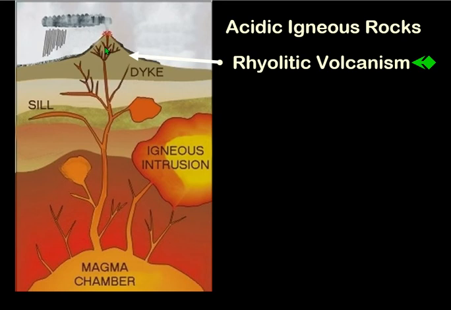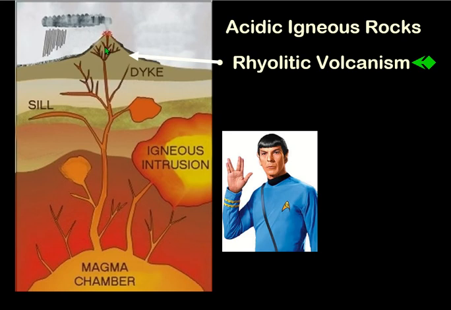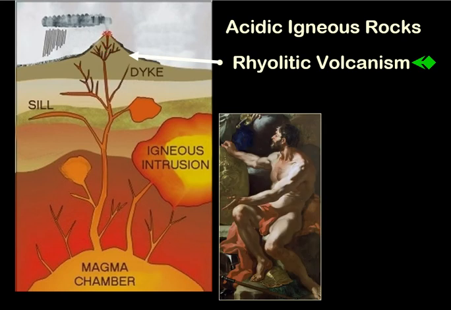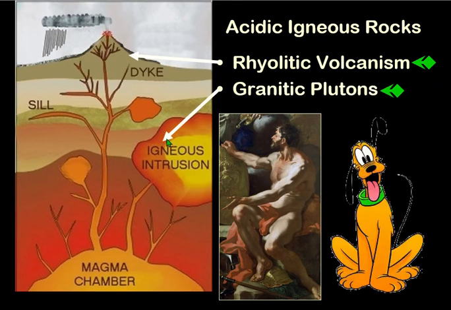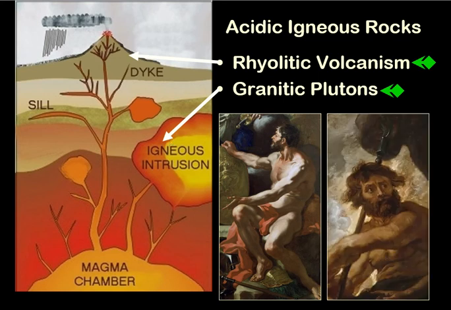And of course, this is the original, the other Vulcan, who lived underneath a volcano like this in Etna, in Italy. And you will have plutons, granitic plutons. Plutons are named after Pluto, of course, the god of the underworld.